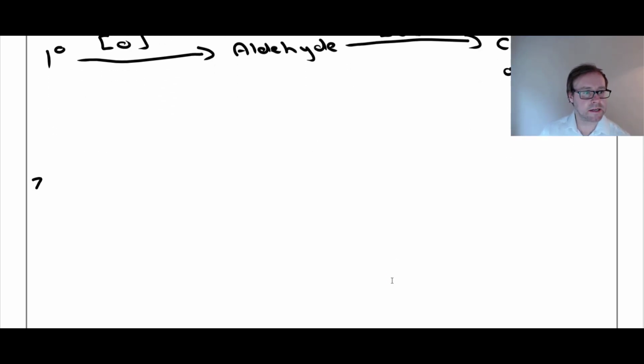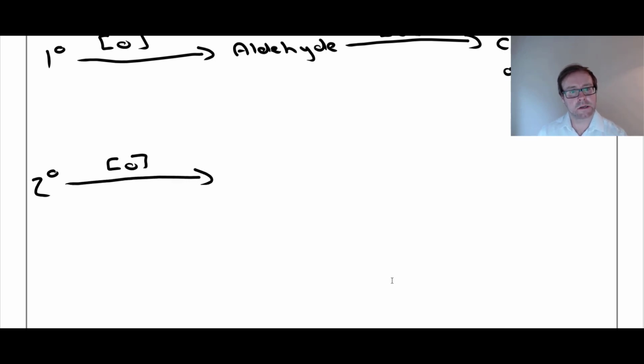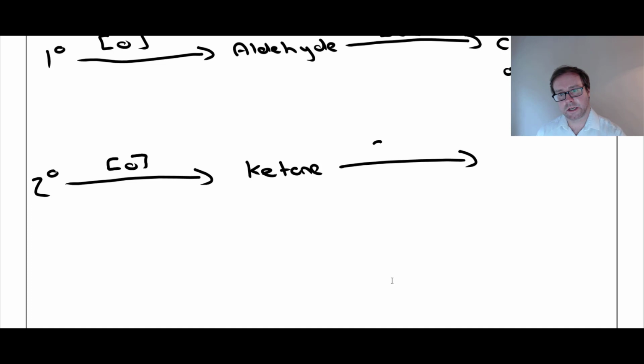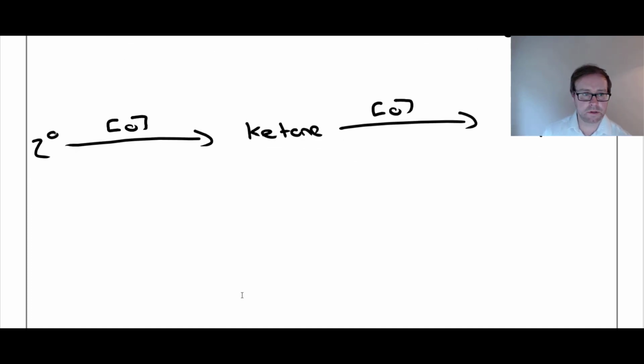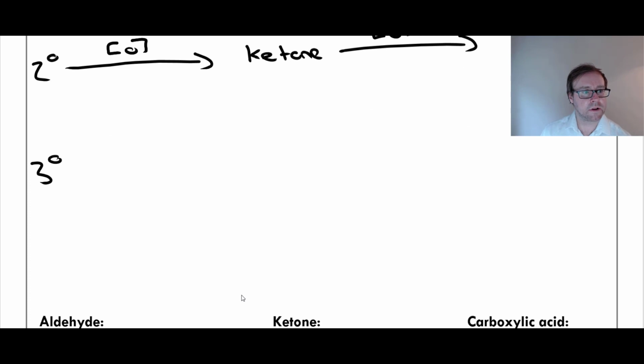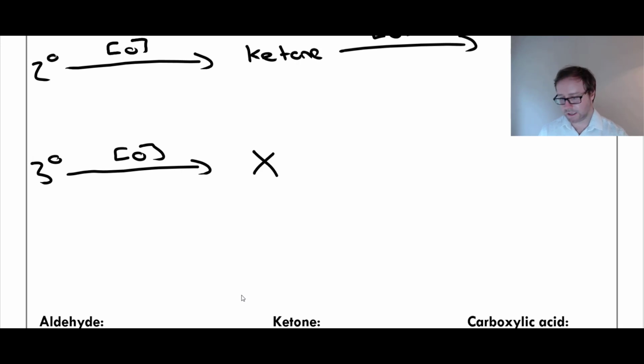If I have a secondary alcohol and I oxidize it, I will form a ketone. If I try to oxidize this, nothing happens. If I have a tertiary alcohol and I try to oxidize it, nothing happens.